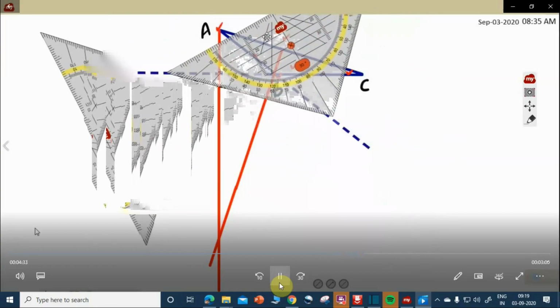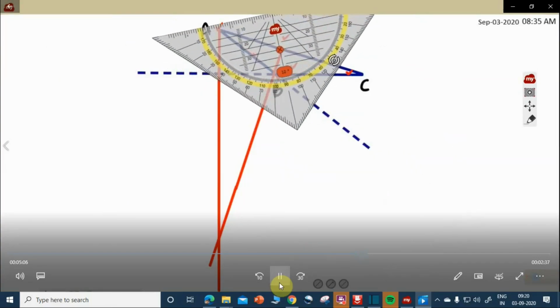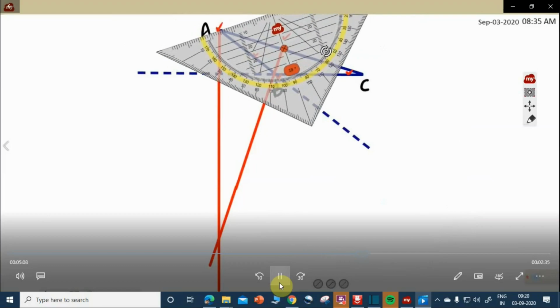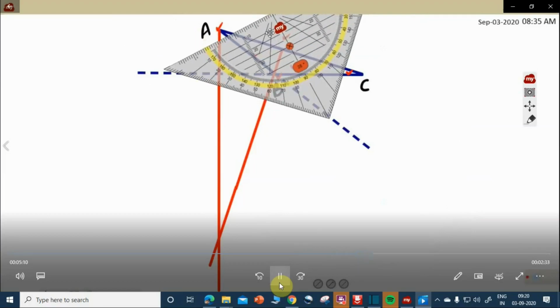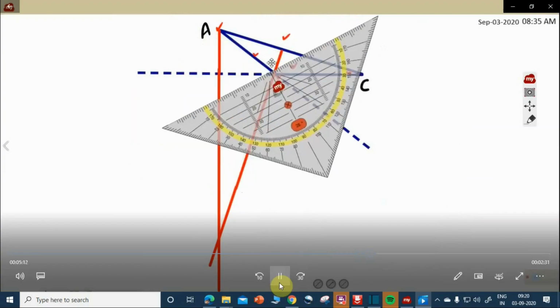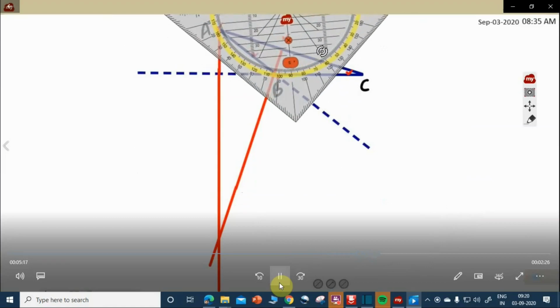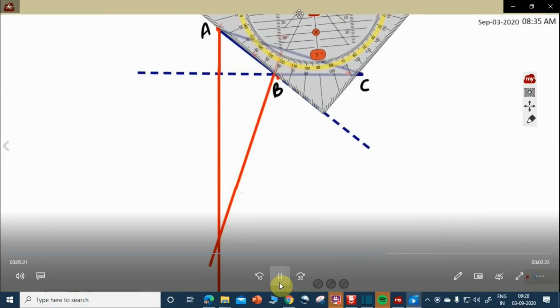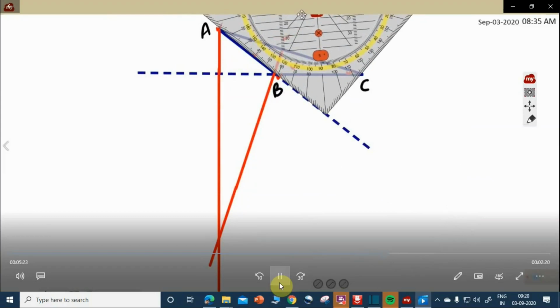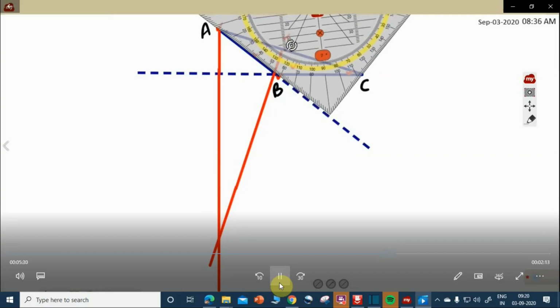You will be doing it a little faster because we can move the set square by our hand so easily, which is not that easy with a mouse. Now I can place it here and draw the perpendicular from AB to the opposite vertex, which is C in this case. That much accuracy is okay.